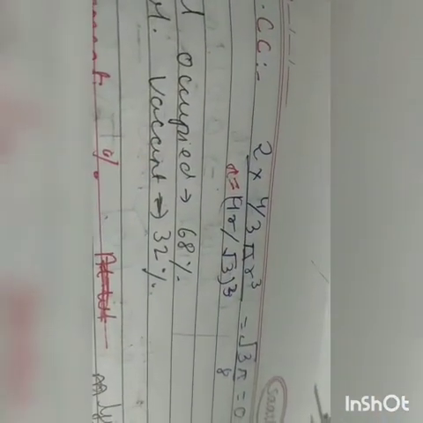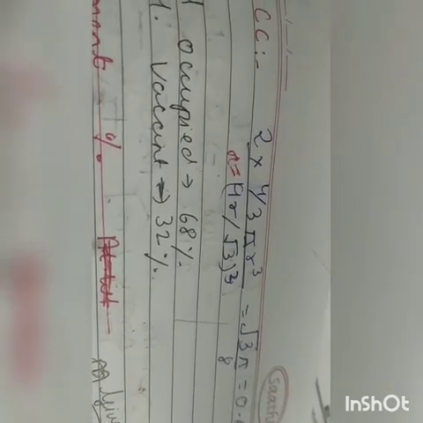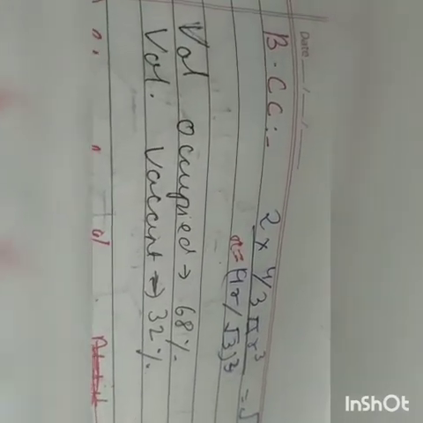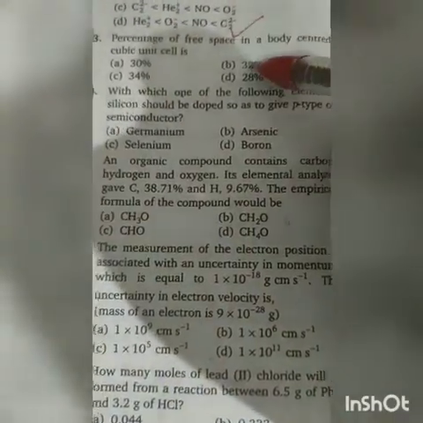So it comes out to be root 3 pi by 8, that is 0.68. So the volume occupied is 68%, the volume vacant is 32%. So the free space or volume unoccupied is 32%.